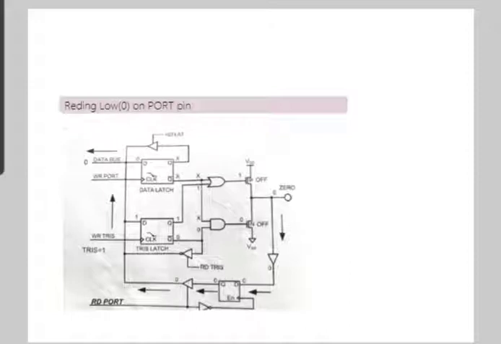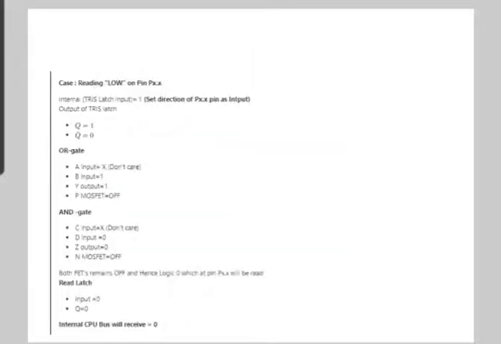This diagram is for reading low on port pin. Here is the case for reading low on the port pin. The OR gate, AND gate and the read latch are given.